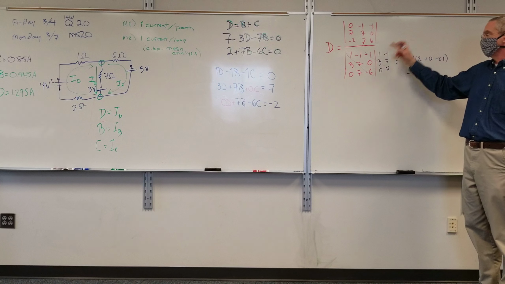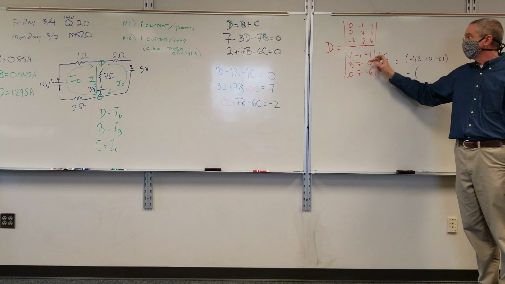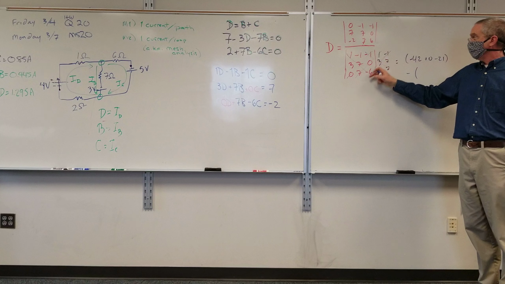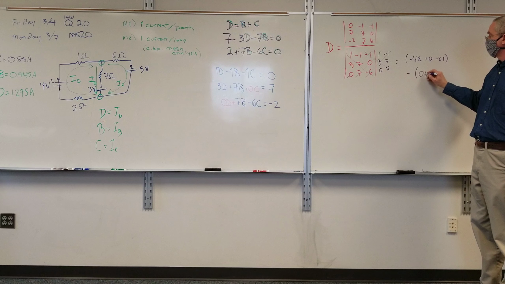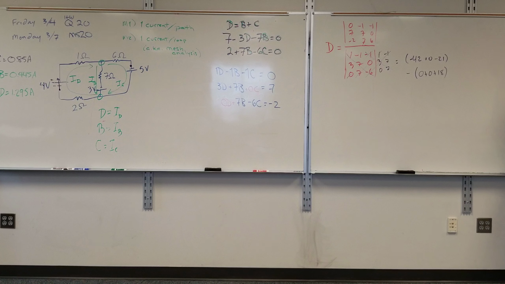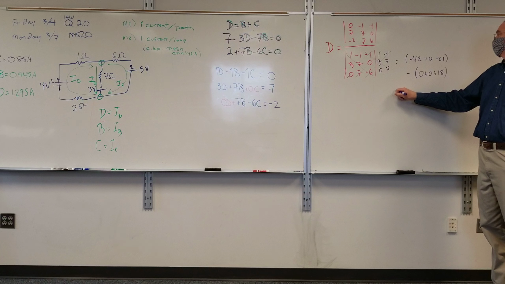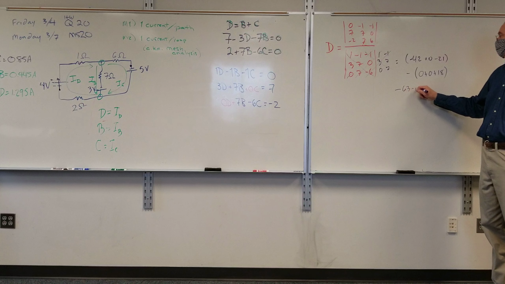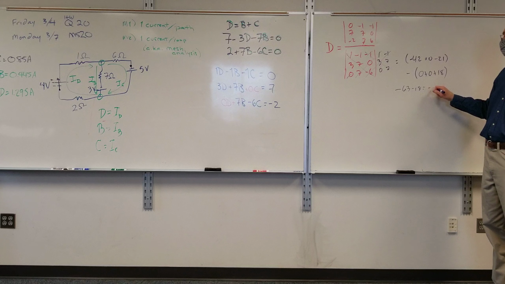Minus, go the other way, I have 0, 0, and 18. -63 minus 18 is -81.